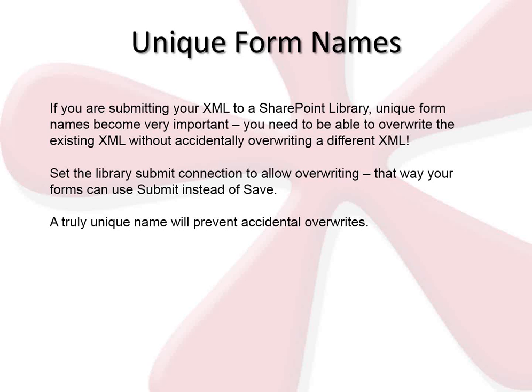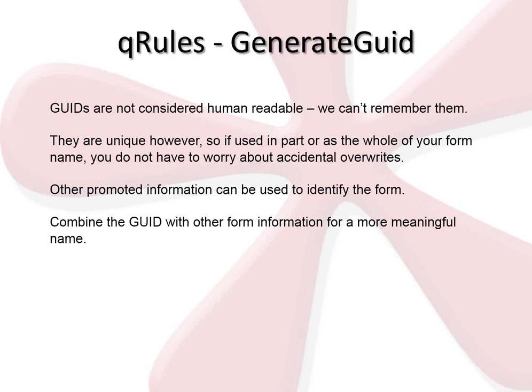Set your library connection to allow overwrites, and then make sure your name is truly unique and make sure it's stable. So make sure that whatever gets used for your initial submit, because we open up our template, we create a new XML, and at that point our XML that we're filling out doesn't have a name right then, right?